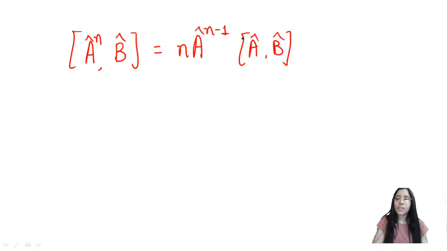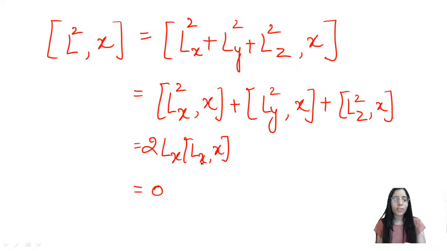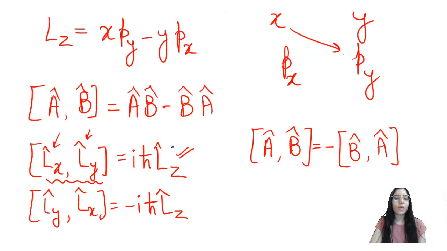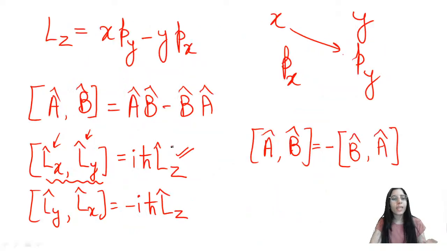In this case, again, if I consider that property, I am going to get 2 Lx and the commutator bracket of Lx with x. As I have told you, if you consider it with the same function, and to get it in more detail, you can put the value of Lx here. What is the Lx value? As we have already discussed that trick, how we get the values of Lx, Ly and Lz.